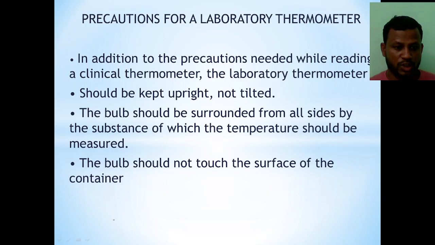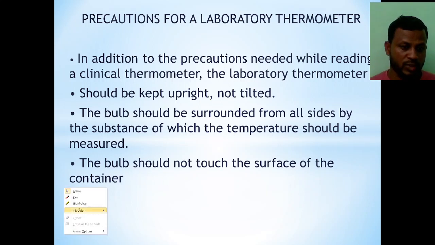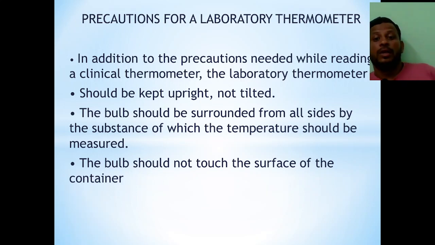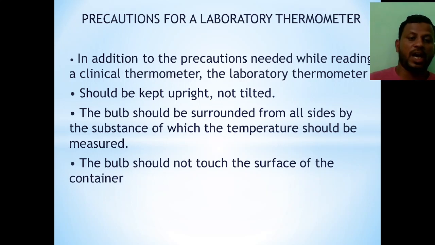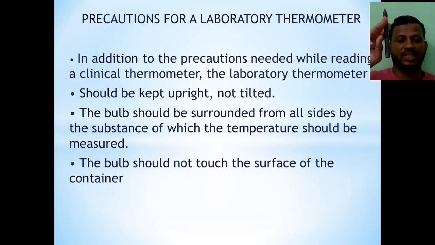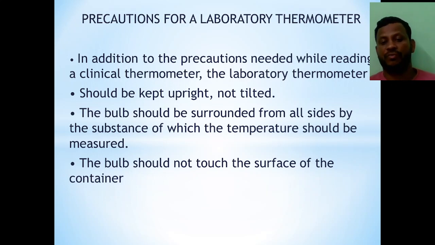What precautions are to be taken while using the laboratory thermometer? In addition to the precautions needed while reading a clinical thermometer, the laboratory thermometer should be kept upright, not tilted. Upright means we place it like this. The bulb should be surrounded from all sides by the substance whose temperature is to be measured.